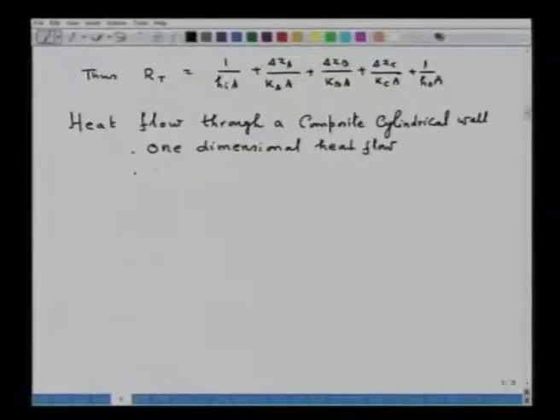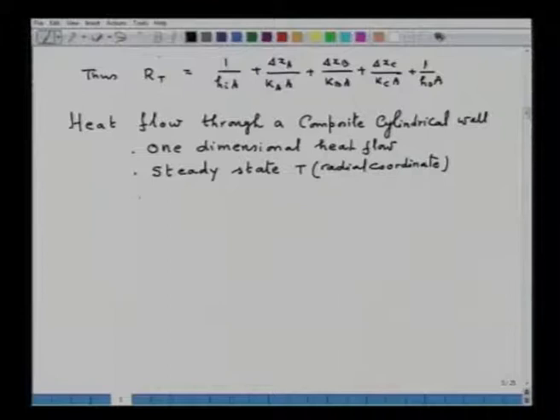Second, we will assume a steady state, that means here temperature is a function of the radial coordinate. Since we are considering one dimensional, temperature is a function of R only. Other dimensions we are considering as uniform. Third assumption is that we are assuming a perfect thermal contact.